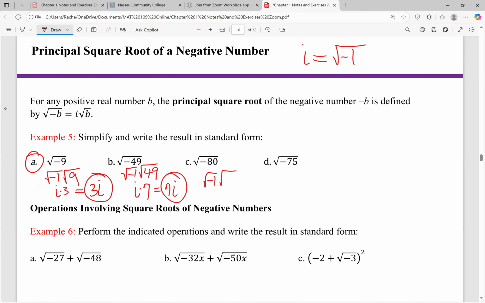Well, we're going to do 16 times 5, because 16 is a perfect square, and 16 times 5 is 80. So the square root of 16 times the square root of 5. Square root of negative 1 is I, square root of 16 is 4, and we can't simplify the square root of 5. So instead of I times 4, we're going to write 4 times I times radical 5.